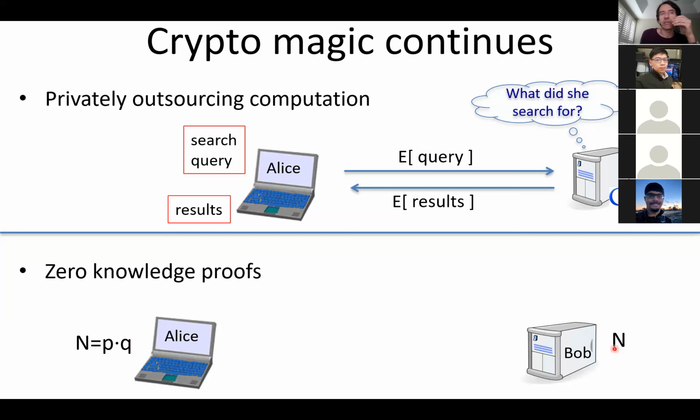Because somebody who just sees this composite integer, by the factoring assumption, it's basically impossible for a polynomial time algorithm to compute the primes. So it's safe to give this out, and nobody will be able to find these primes unless they break the factoring assumption. By the way, with a quantum computer, you can.